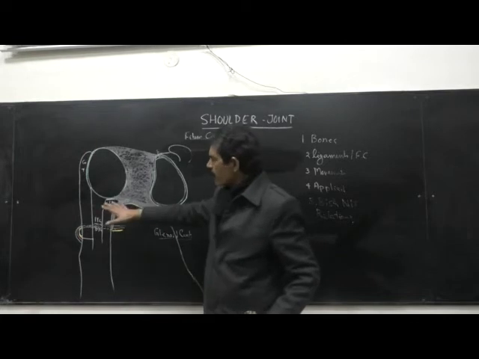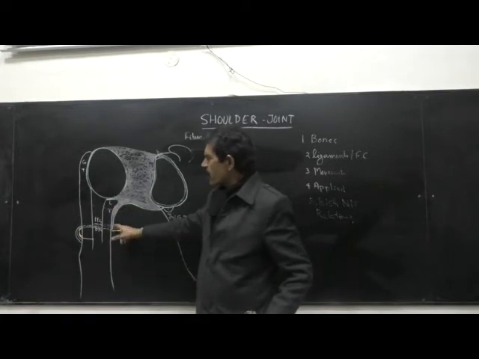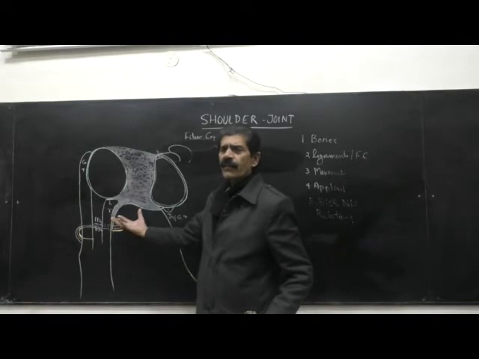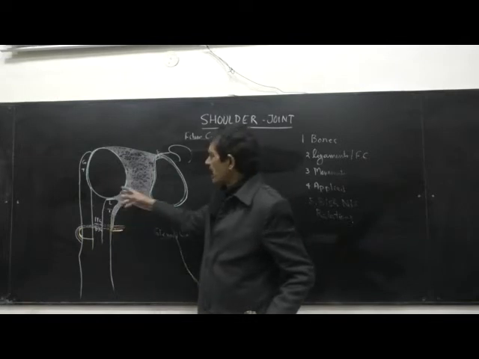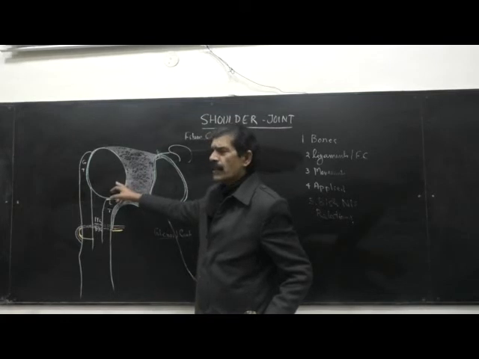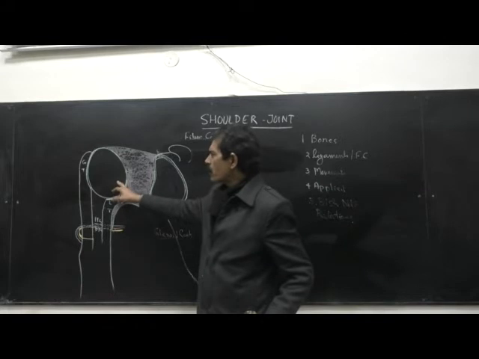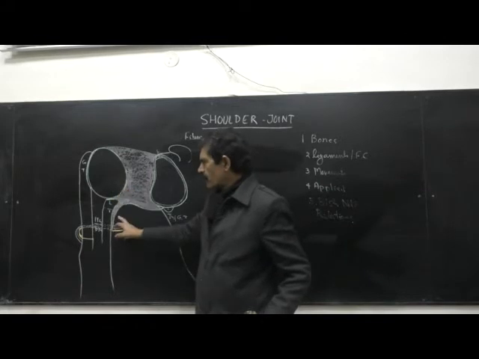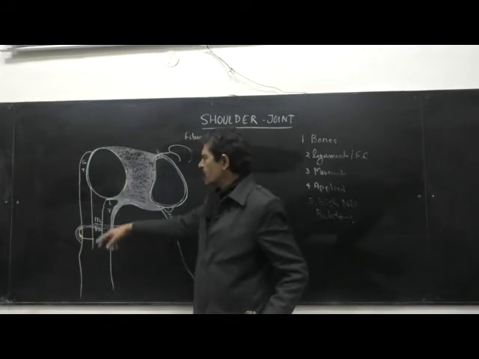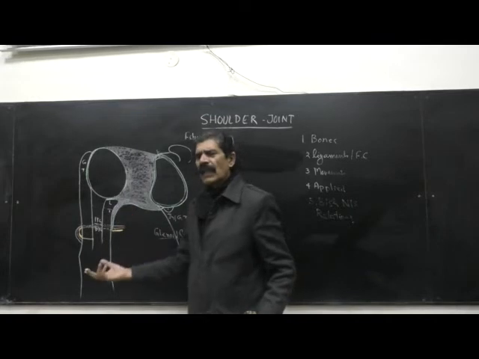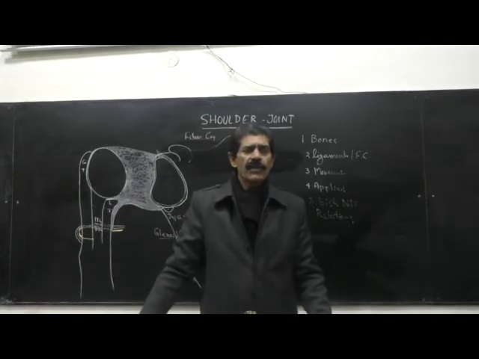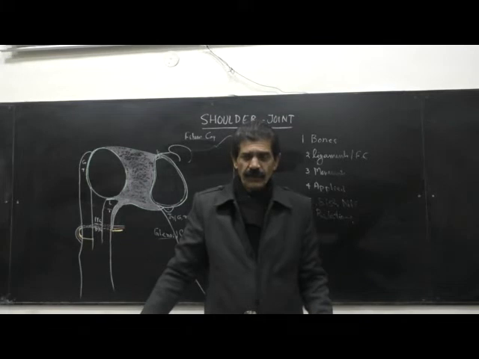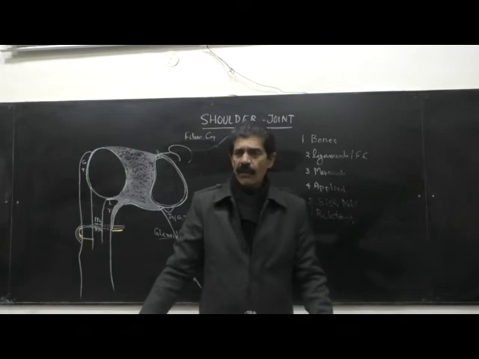And the negative point of this inferior extension is that it forms a pouch-like structure of the fibrous capsule inferomedially, and this is the cause of recurrent dislocation of the shoulder joint. So the head of the humerus may slip into this pouch formed by the inferior extension, and that leads to the dislocation of the shoulder joint. So that is the negative point.